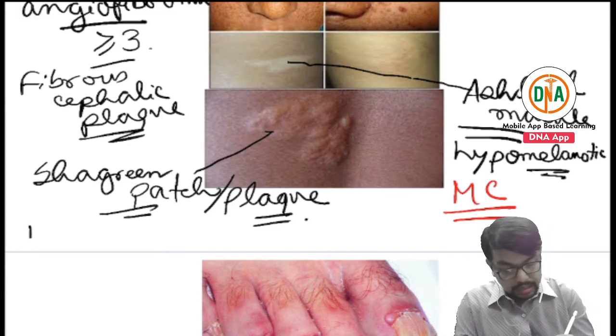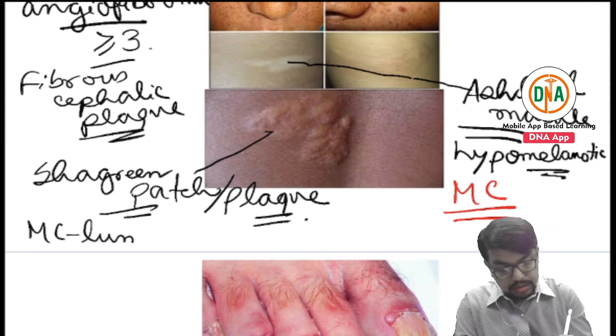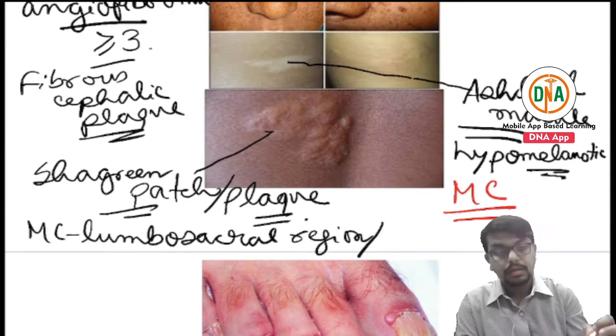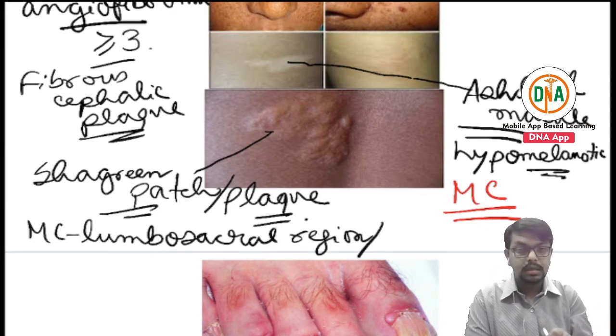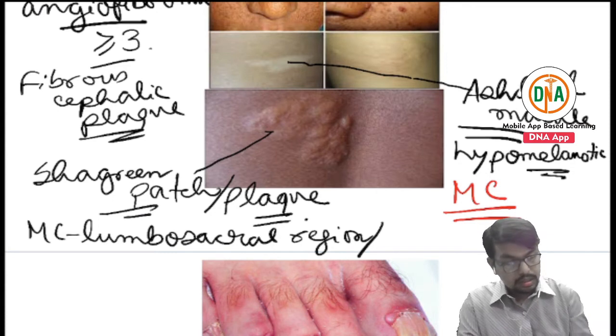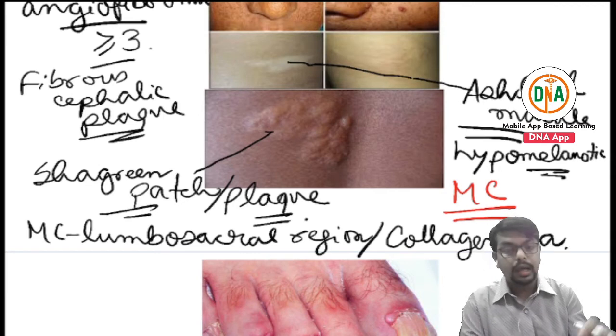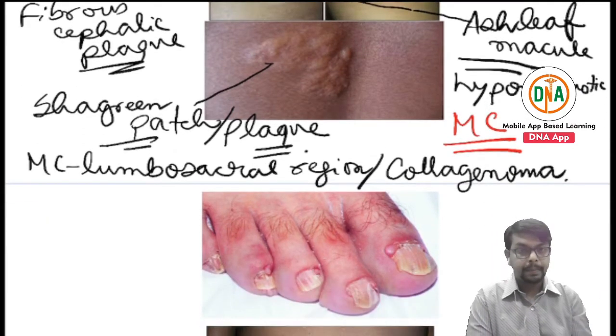Most common site is the lumbosacral region. Okay, and histopathologically this is collagenoma. Soft tissue tumor, collagenoma.